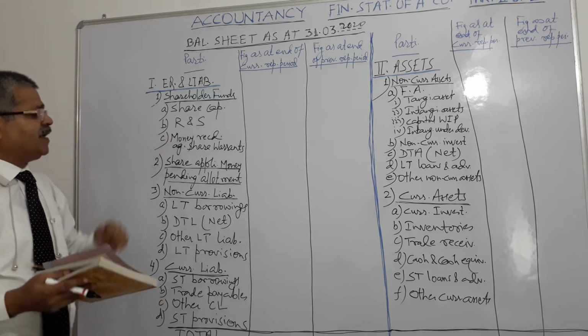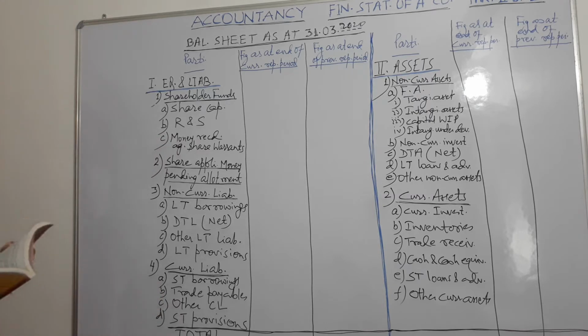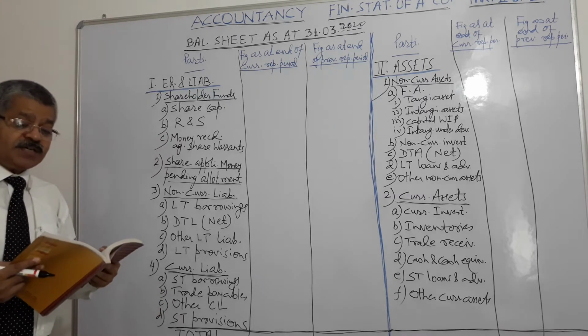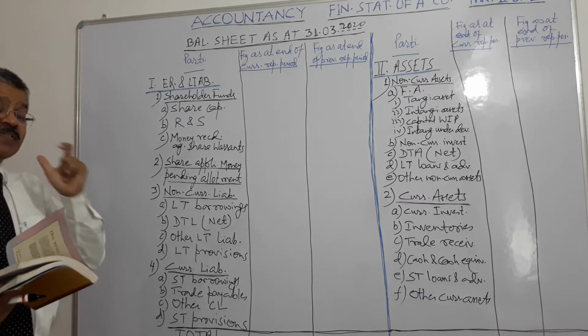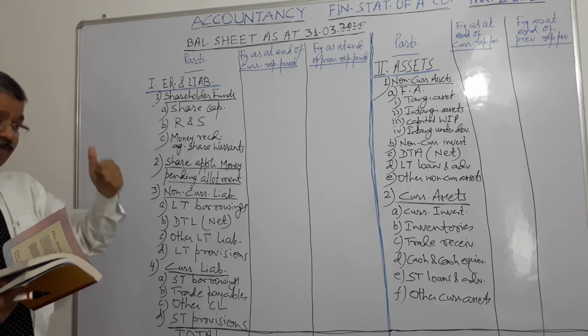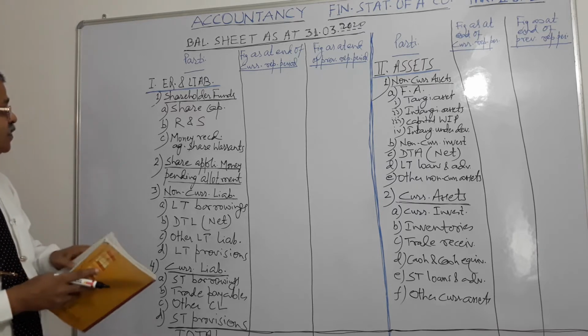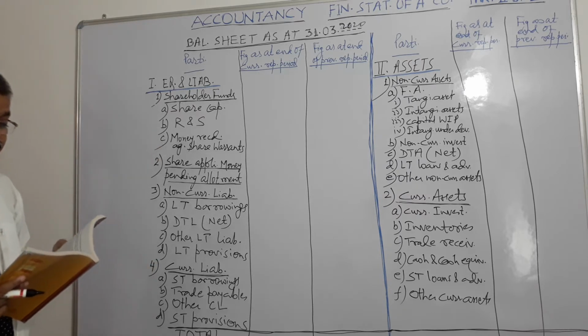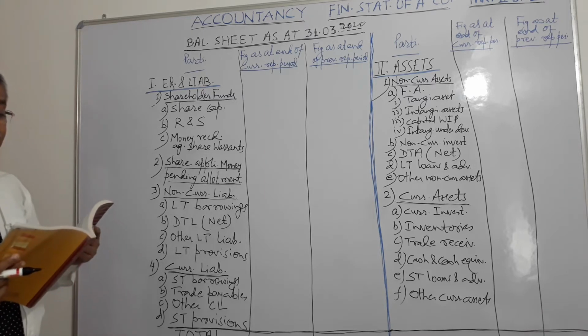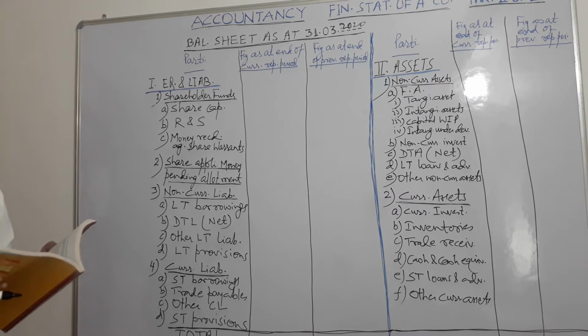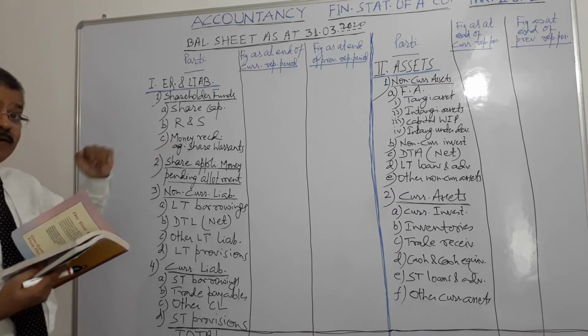Then money received against share warrants. Share warrant, what is it? It is a document issued by a company under its common seal. Every company has a common seal of its own. Under its common seal, it states that its bearer is entitled to shares or stock specified therein.